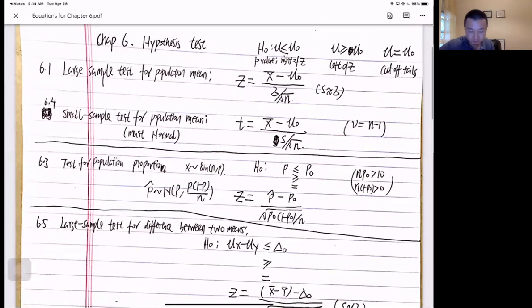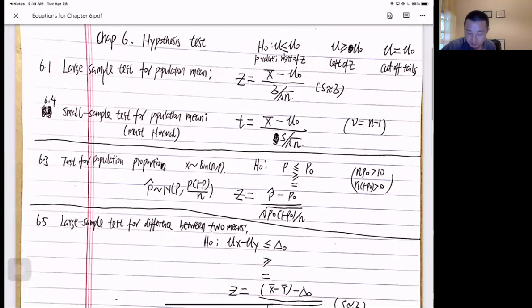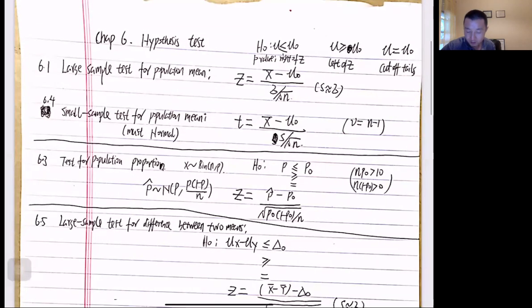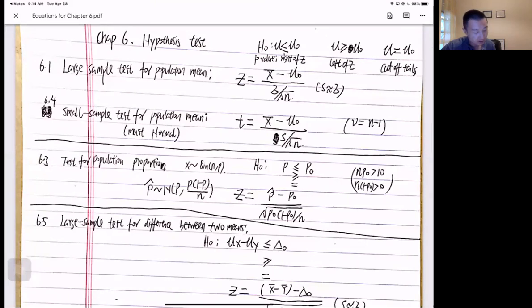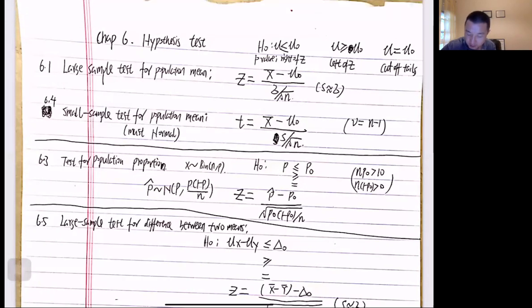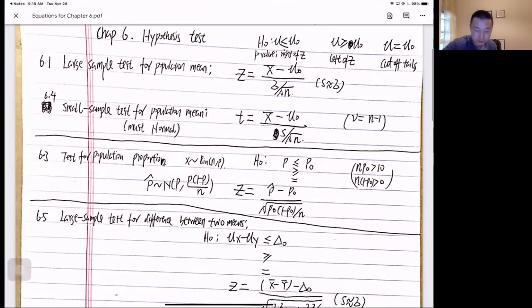We have either a large sample or a small sample. For a large sample we calculate the z value; for a small sample we calculate the t score. We only have 6 samples here, so it should be the small sample test for the population mean, the second one in section 6.4. We calculate the t value based on this equation.